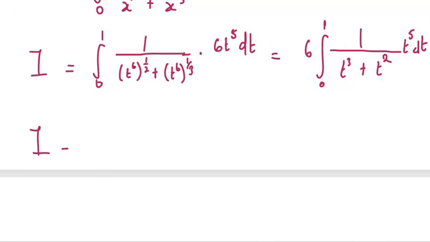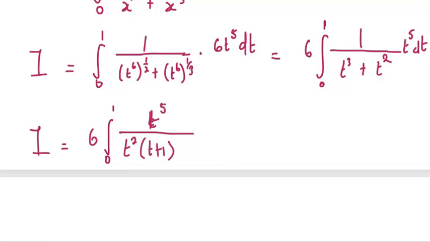So here I is equal to, now we can factor out the common factor at the denominator, right? So this is 6 multiplied by the integral from 0 to 1 of 1 all over t raised to the power of 2 into bracket t plus 1, right? Then let's make this t to the power of 5, as we have t to the power of 5 up there.